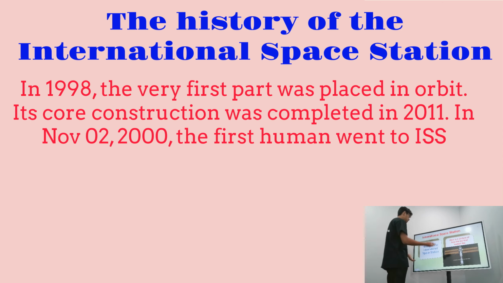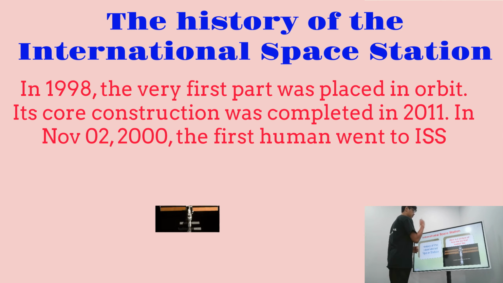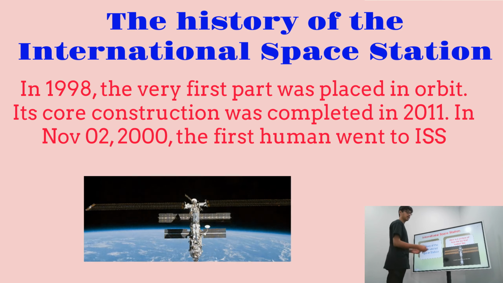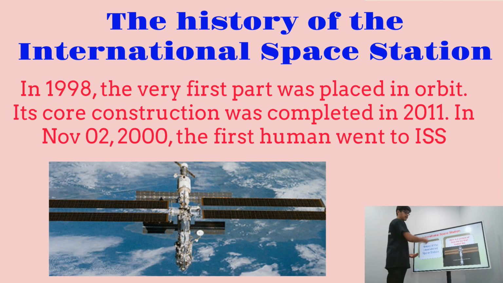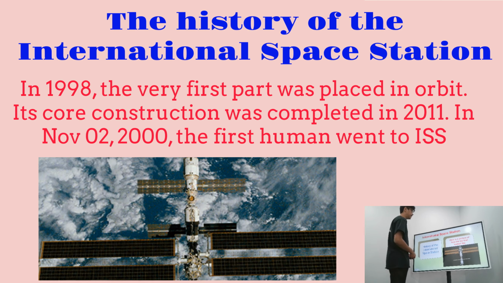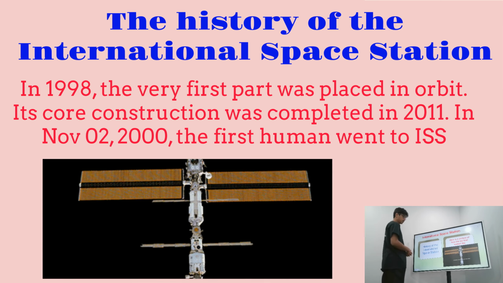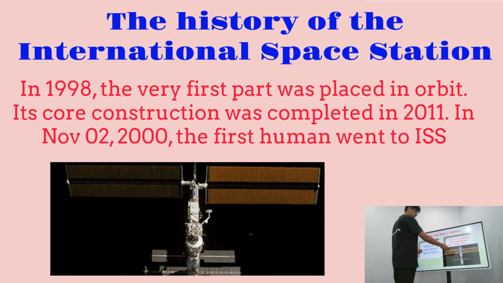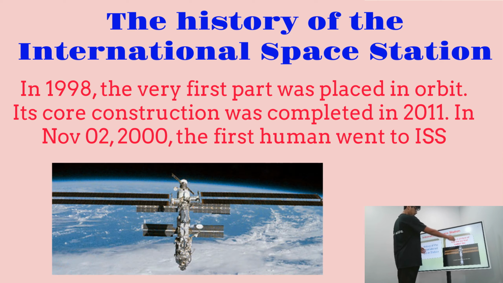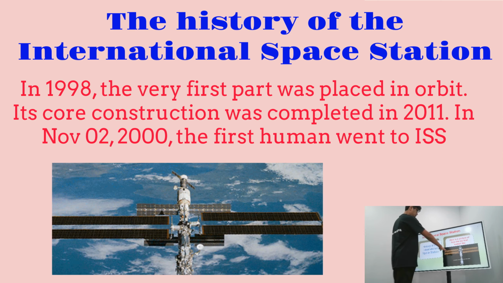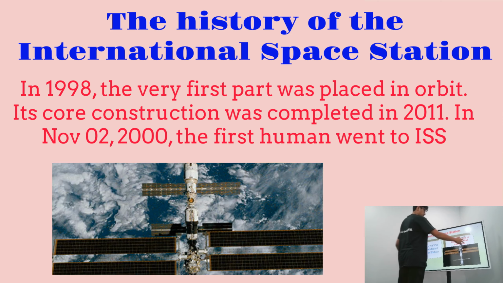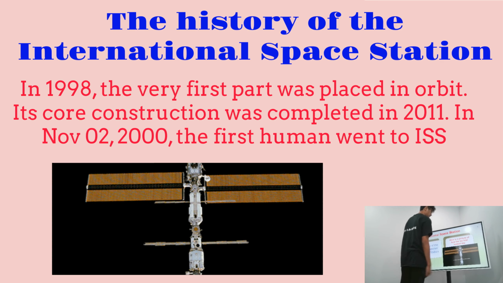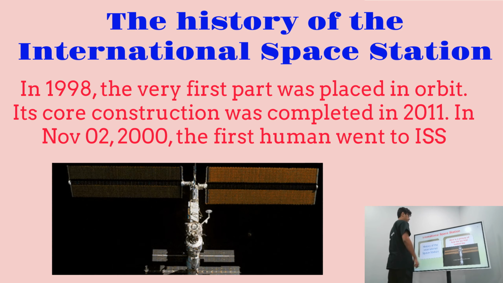To cover more about the history of the International Space Station, I'm going to put a picture up right now showing how the International Space Station looked when it was first in orbit back in 1998. So this is how the picture looks. You can see that it was one straight line, one module, and a few solar panels trying to get energy, so it was really small back then.